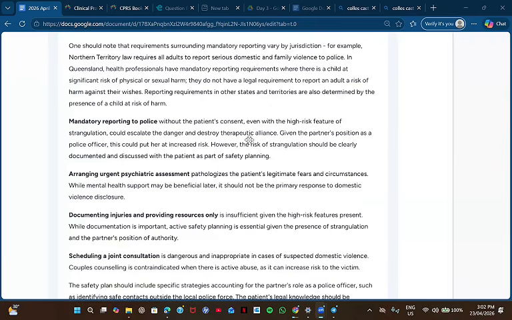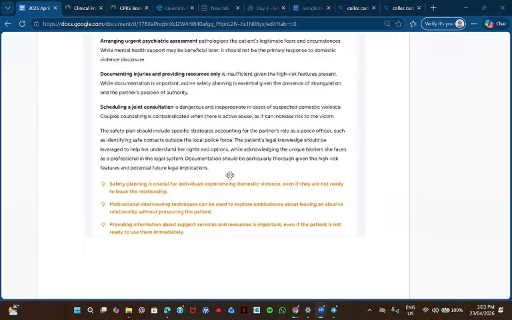Without the patient's consent, even with high-risk features of strangulation, it could escalate the danger and destroy the therapeutic alliance. Given the partner's position as a police officer, this could put her at increased risk anyway. However, the risk of strangulation should be clearly documented and discussed with the patient as part of the safety plan. We have no right to report to the police. Very important, doctors.